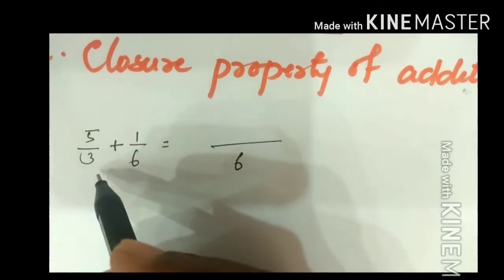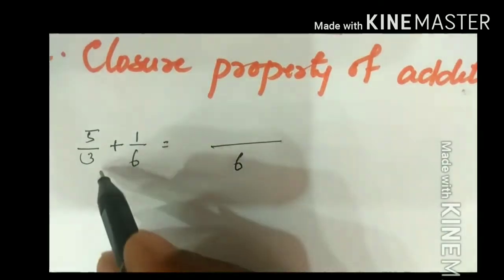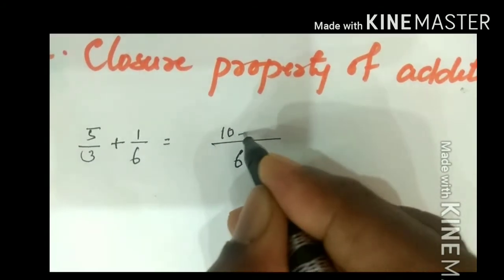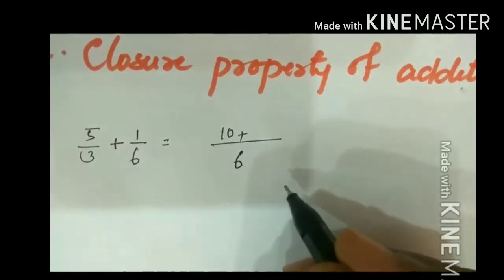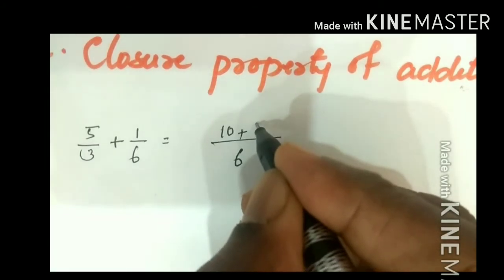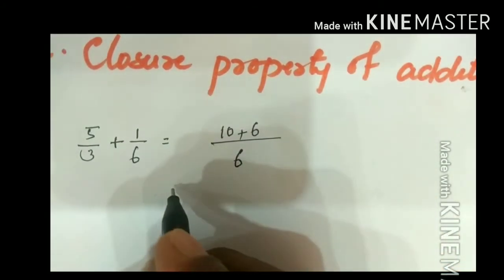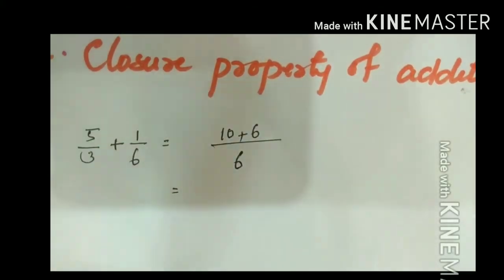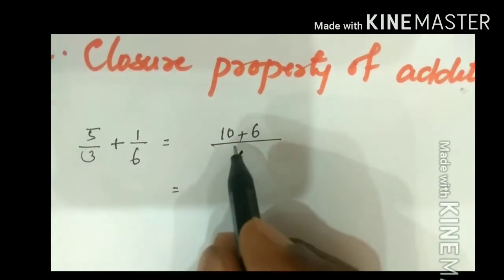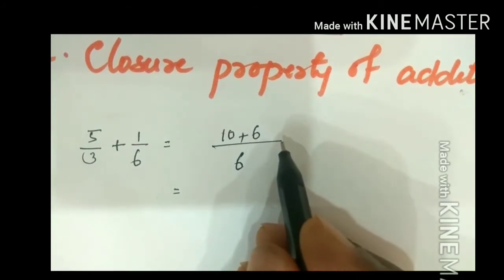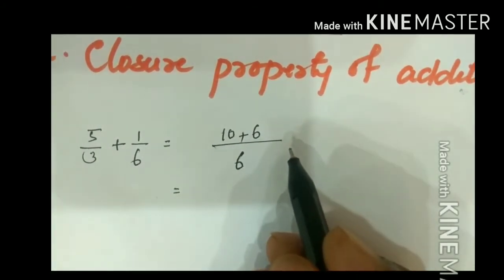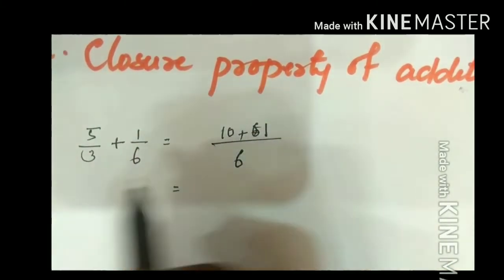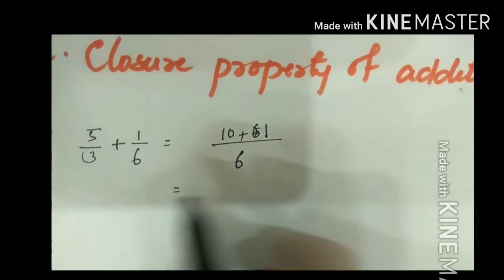Now, 6 divided by 3 is 2, 5 2s are 10. Plus, here, 6 1s are 6, so 1 into 1, 1. Sorry, the denominator is 6, so 6 1s are 6, so 1 into 1 is 1.